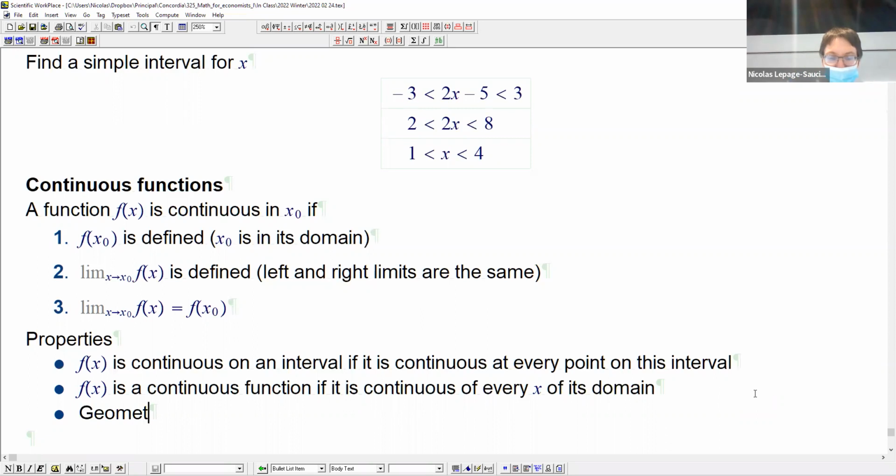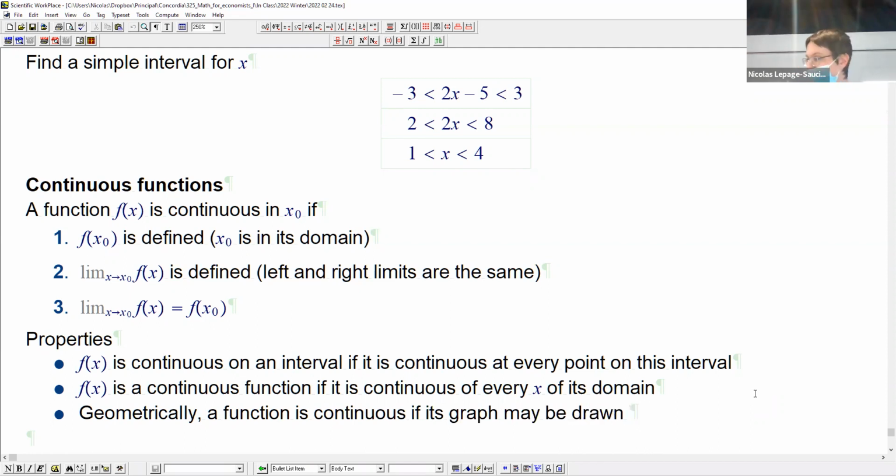So geometrically, a function is continuous if its graph may be drawn without lifting the pencil from the paper.